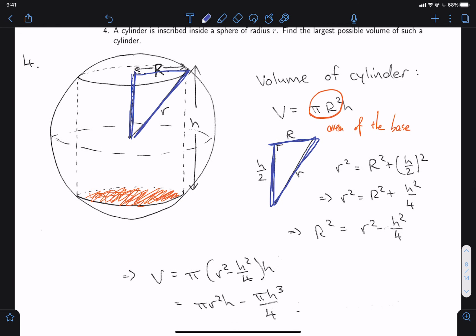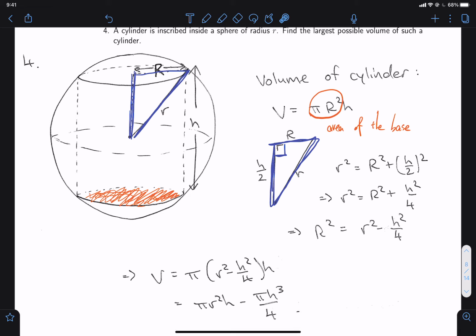And we're going to use, obviously, the Pythagorean Theorem, so that the hypotenuse squared is equal to the square of this side plus the square of that side. So we have r squared equal to this capital R squared plus (h divided by 2) squared, and then opening the bracket, this becomes h squared divided by 4.